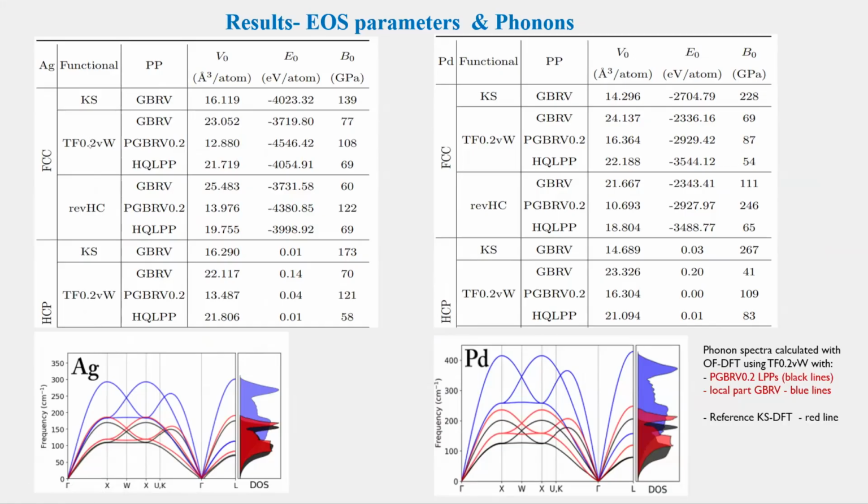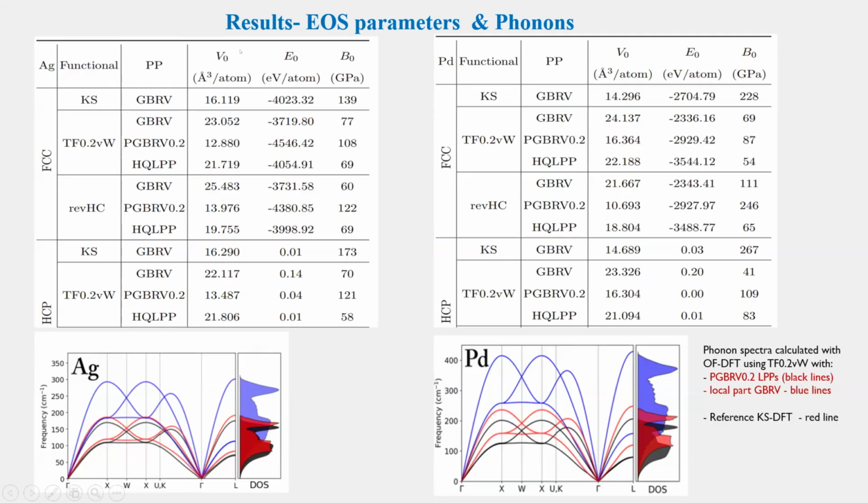And we have used different functionals, though we actually optimized our parameters. We got the new pseudopotential using just the Thomas-Fermi plus von Weizsäcker functional, but then we have to test with different functionals, the same pseudopotential.